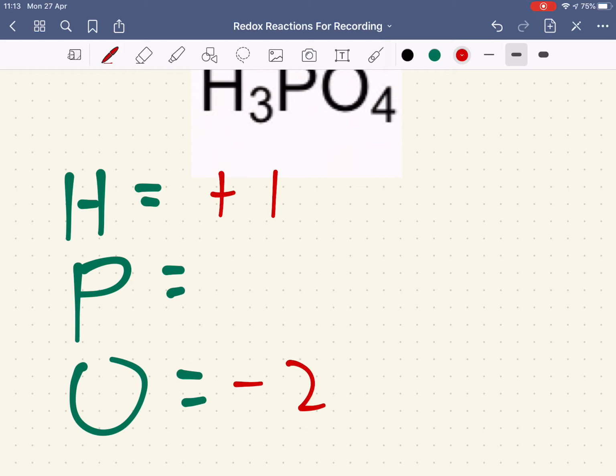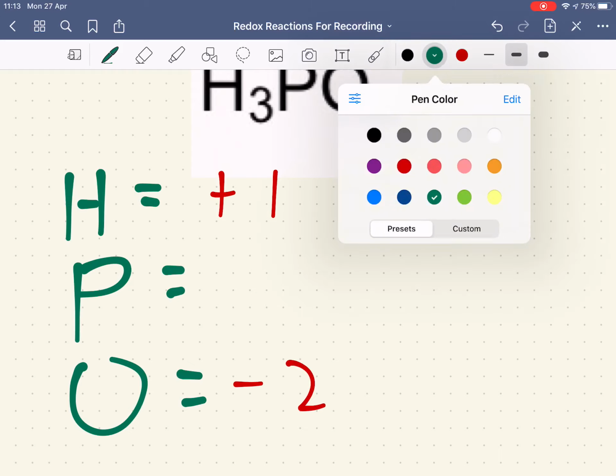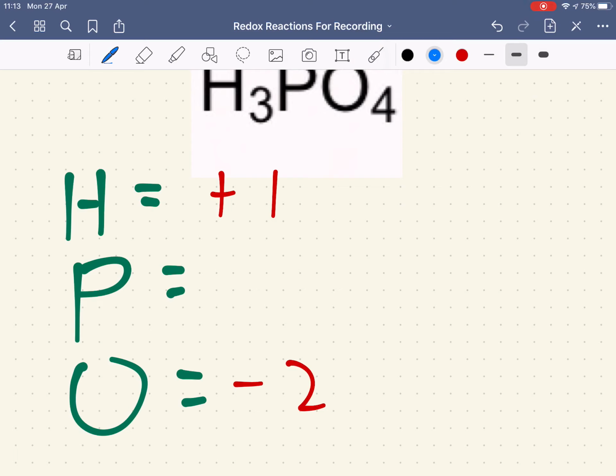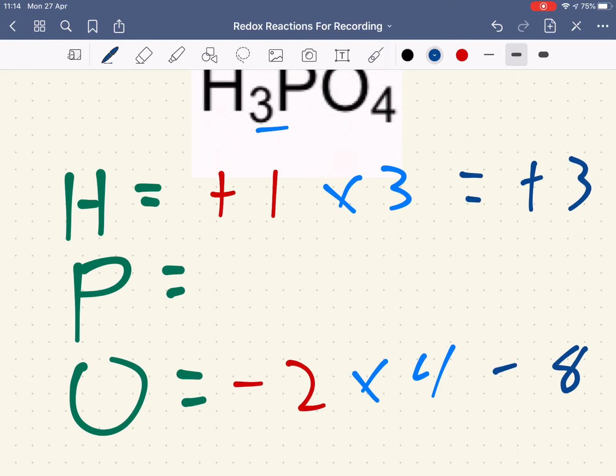So if we put that in here, let's see. There's actually 3 of those hydrogens, right? And oxygens, there's actually 4 of these. So what does that come out to? Well, now we've got +3 and -8, and something here has to add up so that we can have 0 for our neutral species. What's that going to be, you guys? 5?